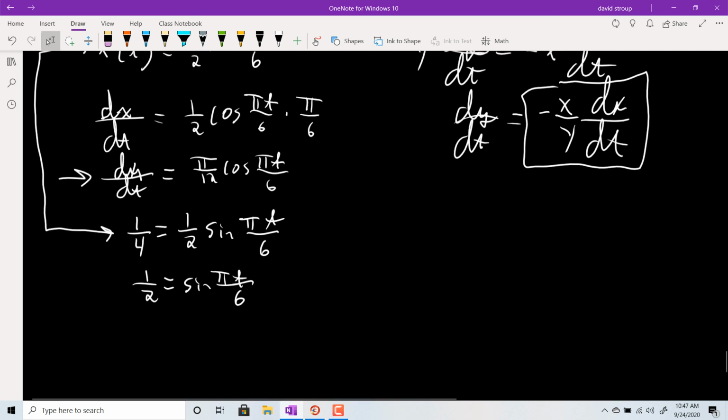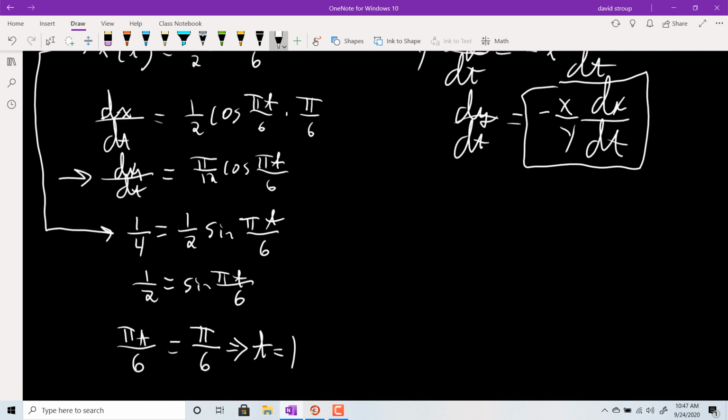And then I'm asking myself what angle, such that I take the sine of it, would equal 1/2. Then I can set pi t over 6 equal to that angle and solve. So sine of pi over 6 is equal to 1/2. So I set pi t over 6 equal to pi over 6 and solve for t. And of course, that's just going to give me that t equals 1.